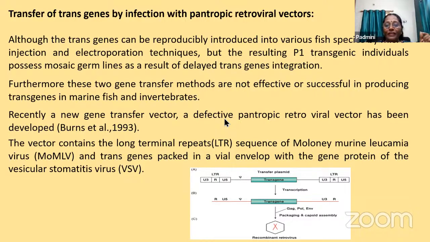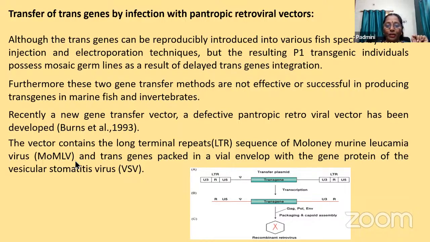A defective pantropic retroviral vector was developed by Burns et al. in 1993. The vector contains long terminal repeat sequences on either side of the retroviral genome of Moloney murine leukemia virus, MoMLV.